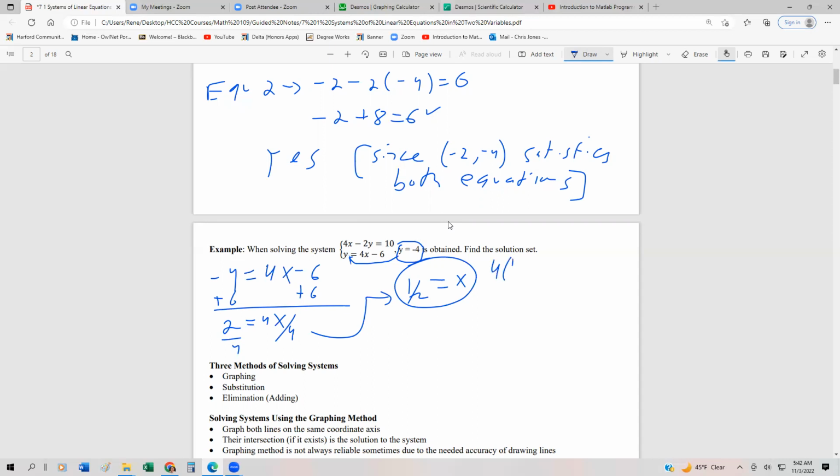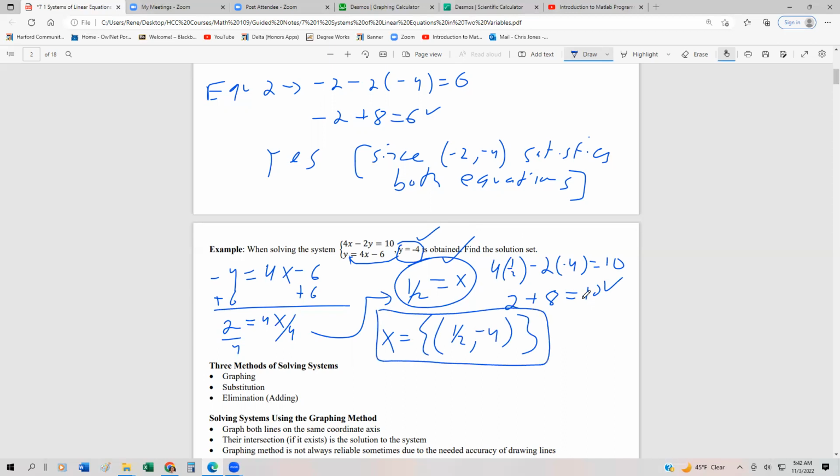So I get 4 times 1/2 minus 2 times -4 equals 10. We know 1/2 of 4 is 2, and -2 times -4 is 8, and that's a viable statement. So this is going to be our solution, and the solution set would be (1/2, -4). Since it is truly asking for a solution set, this would probably be the answer that we want to give.